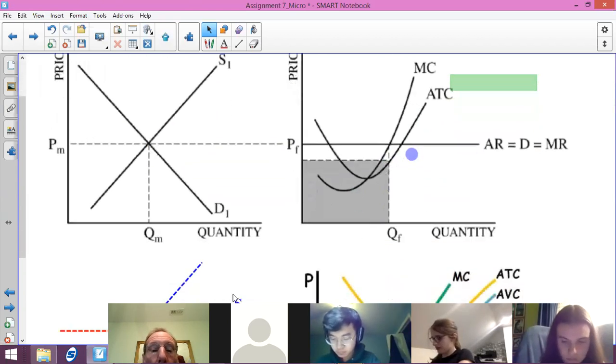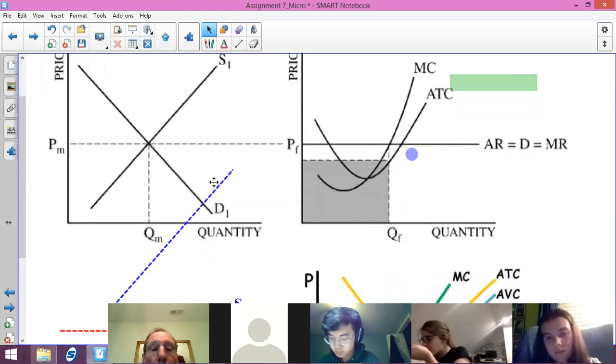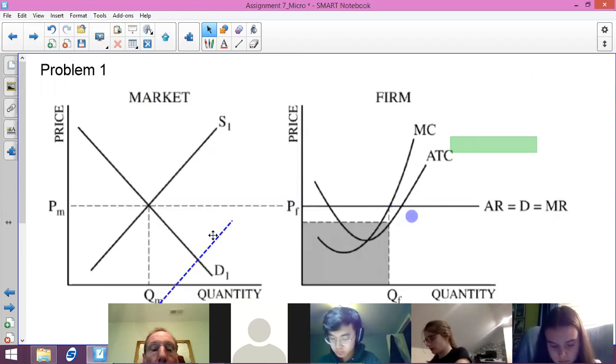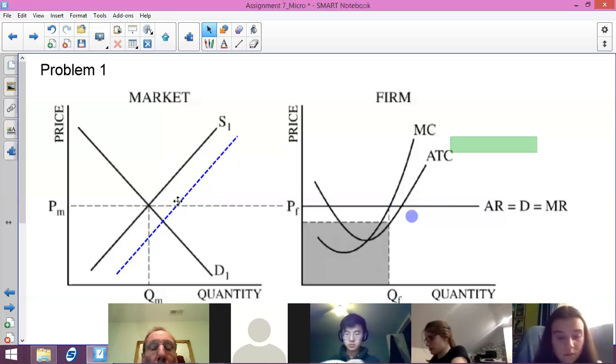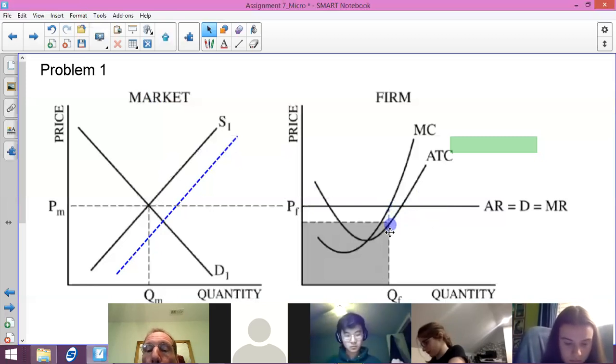So what that would look like, firms coming into the market would mean a shift in the overall market supply to the right. This shift represents firms entering the market because they're seeing the opportunity to make profit right here.